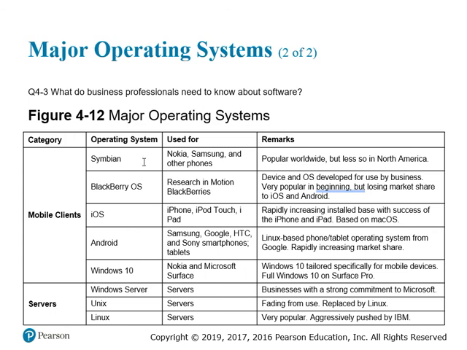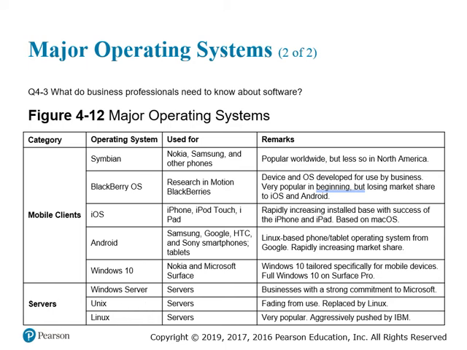Mobile clients, you have Symbian, which is used outside of the US, or outside of North America, and BlackBerry OS, not really used so much. iOS, Android, Windows 10 as a mobile client, like for the Surface. Servers. You have Windows, Unix, Linux.